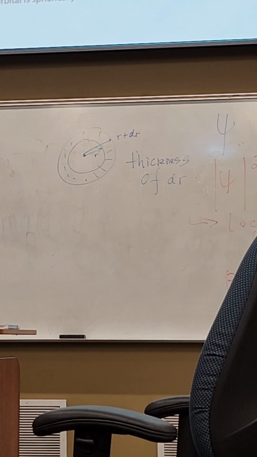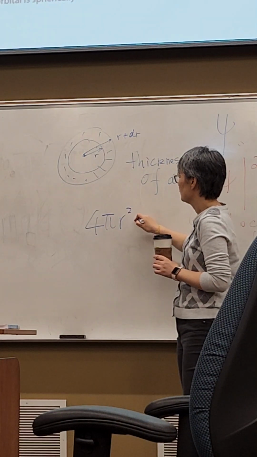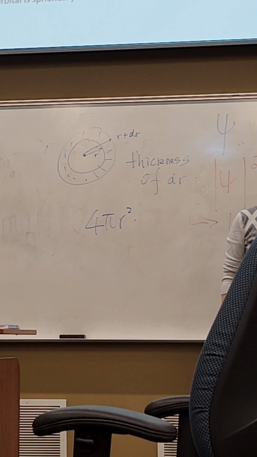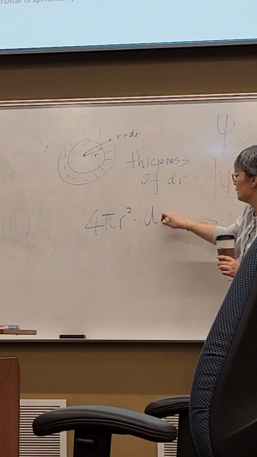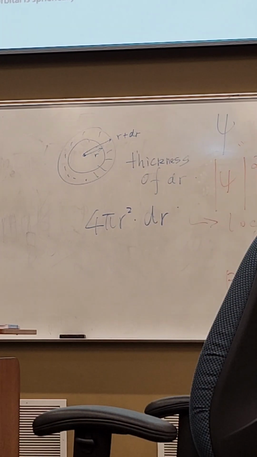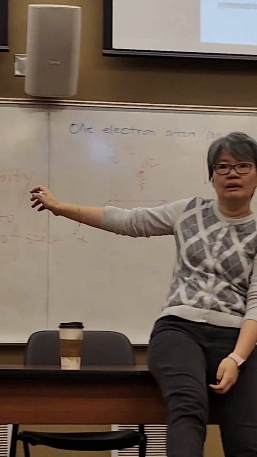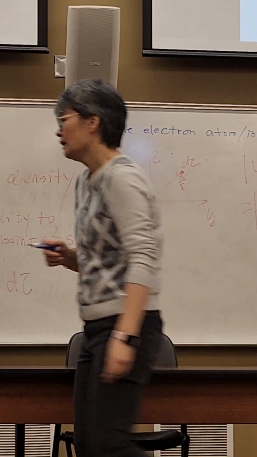The volume is always equal to the area times the height, or the thickness. Do you guys agree with me? What is the spacing between those two spheres? It is the area times the thickness.